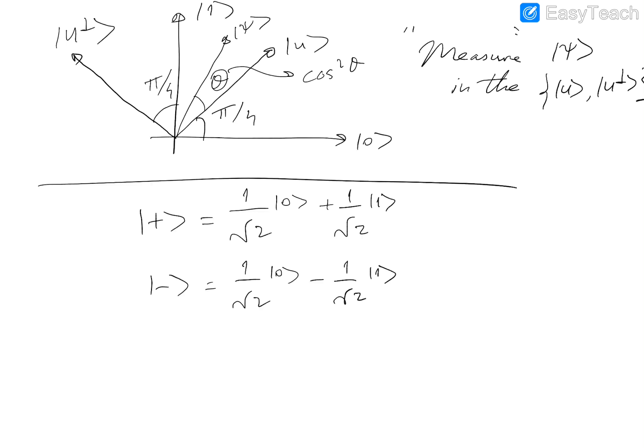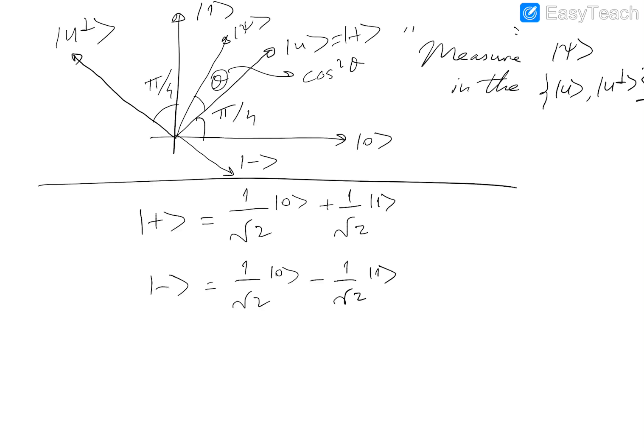So ket plus is basically u here. So this is also equal to ket plus. Ket minus is the opposite direction of u perp. So it's this vector, ket minus.